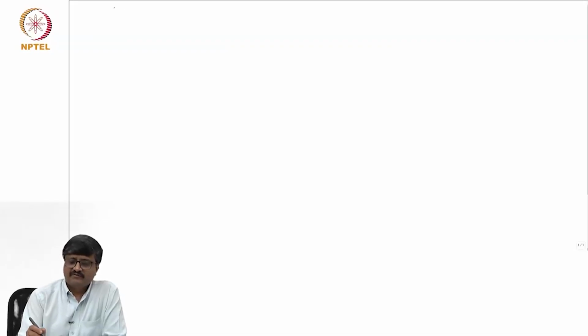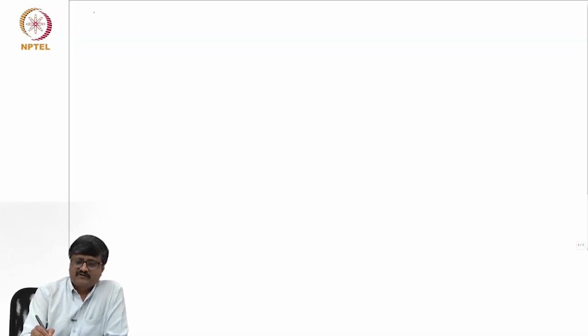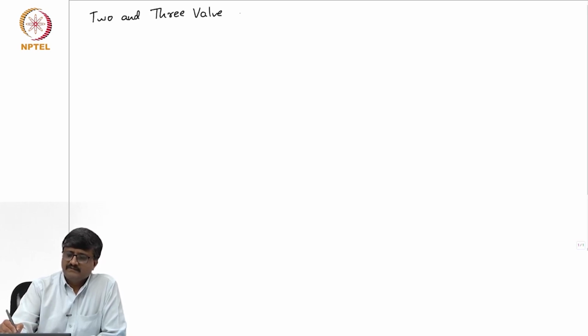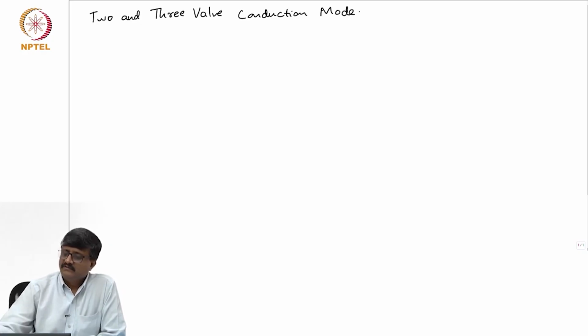So what we have seen so far is 2 and 3 valve conduction mode and 3 and 4 valve conduction mode. For 2 and 3 valve conduction mode, the overlap angle U is greater than 0 and less than 60 degrees.